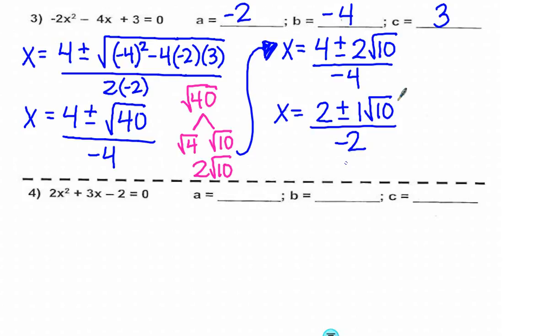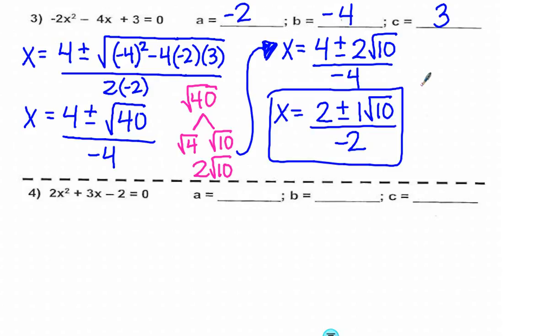Whenever you have radicals included in your answer, you can stop and leave it like this, and you're good. But if it's like the previous example where we get a perfect square in this step, and we can simplify it to a whole number, then we'll go ahead and finish writing out those answers.